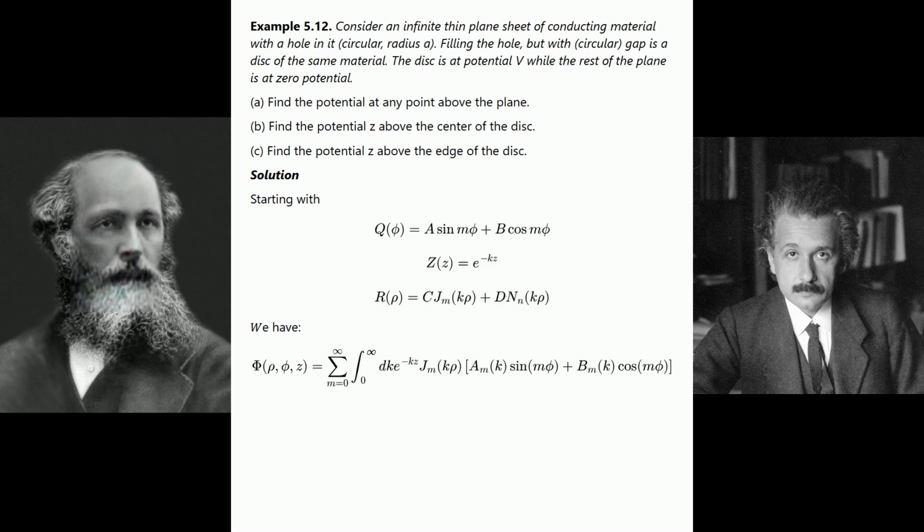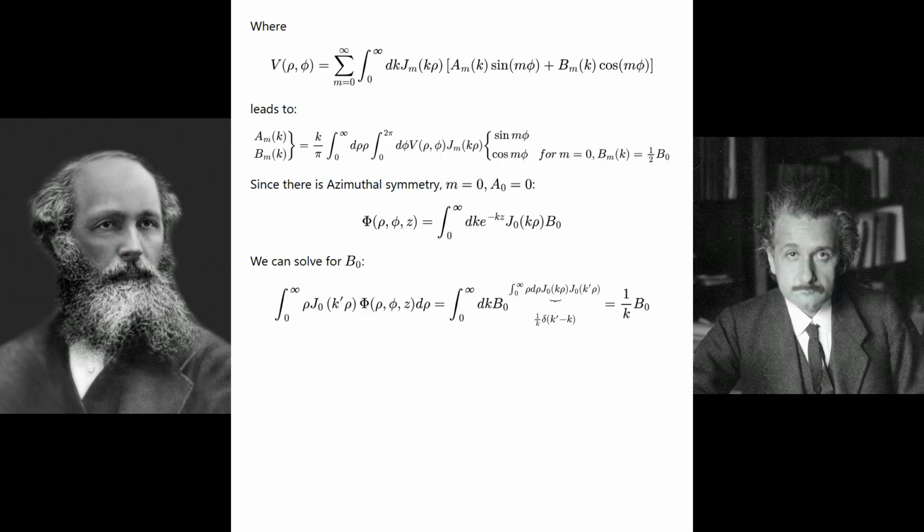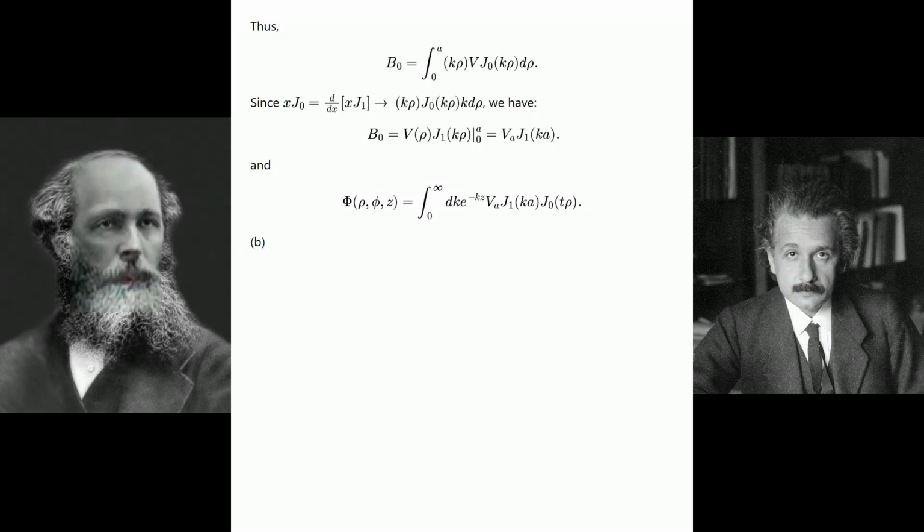Solution, starting with A. The following equations. We have the equation shown, which leads to the equation shown. Since there is azimuthal symmetry, m equals 0, A sub 0 equals 0. We can solve for B sub 0, see the equation shown. Thus, see the equation.